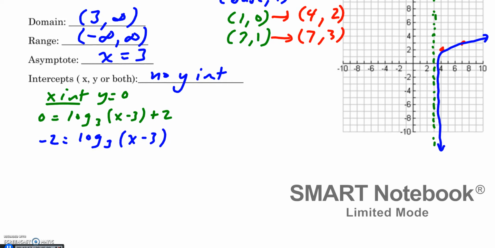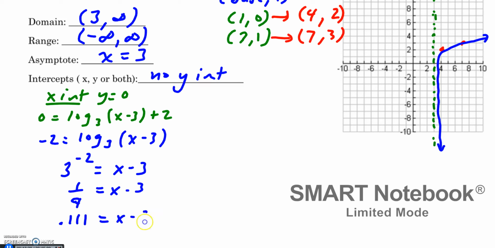Then if I would like to convert this to an exponential equation, the base of this log is 3. The exponent is negative 2 because logs equal exponents. So we have 3 to the negative second power equals x minus 3. And 3 to the negative second is really 1/9 equals x minus 3. 1/9 is really equivalent to 0.1 repeating, so 0.111 and so on equals x minus 3.